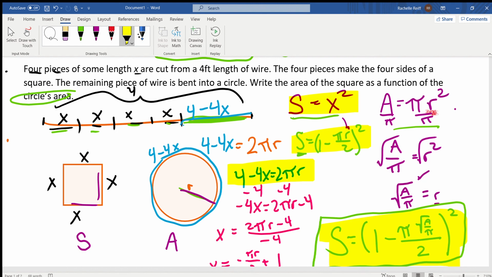There's no r in there, there's no x. My area of a square is some crazy stuff with only one variable. And that's the same variable I use for the area of my circle. So now I've written the area of the square as a function of the circle's area. Okay?